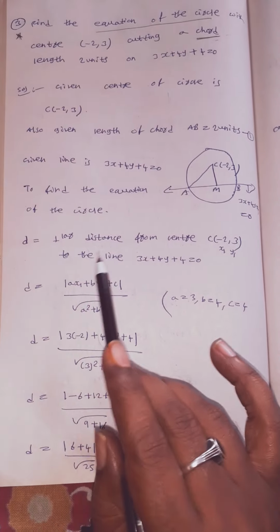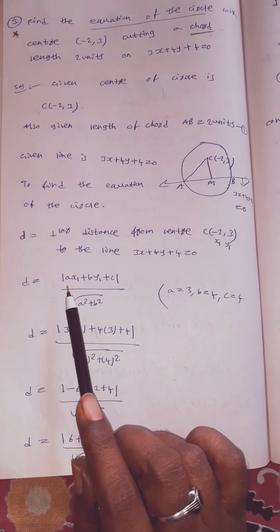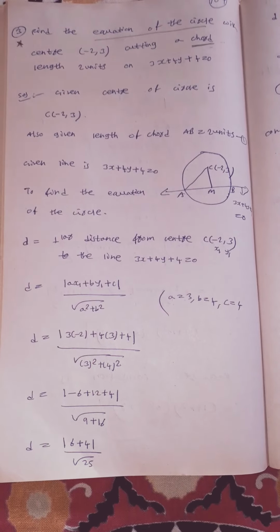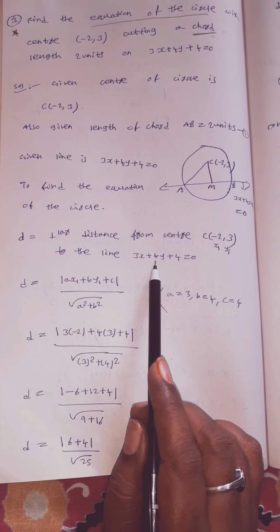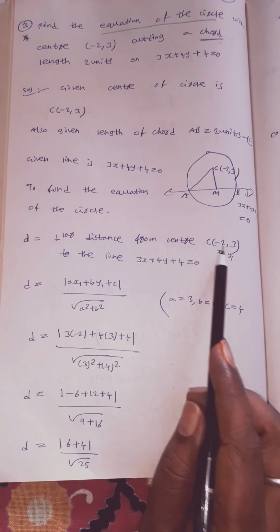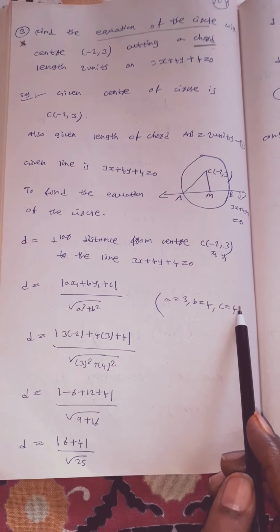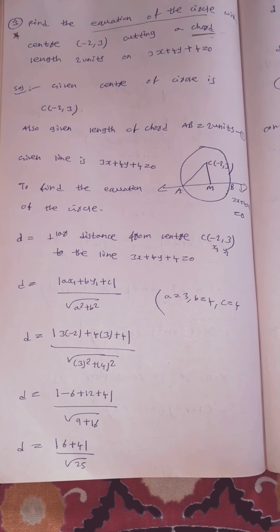So d is equal to the perpendicular distance from the center to the line. We have the formula mod ax1 plus by1 plus c by under root a square plus b square. So a value 3, b value 4, c value 4. So here 3 into minus 2, 4 into 3 plus 4 by 3 square plus 4 square. 3 into minus 2 is minus 6.